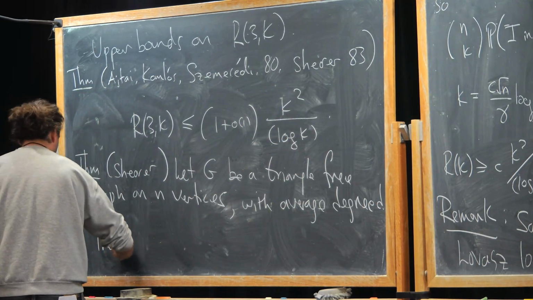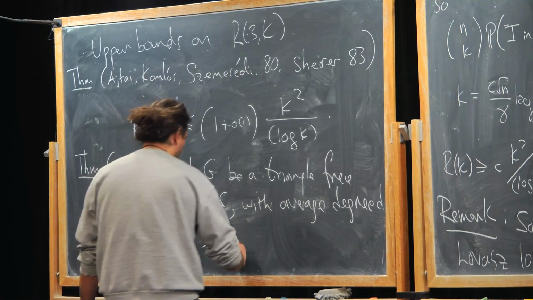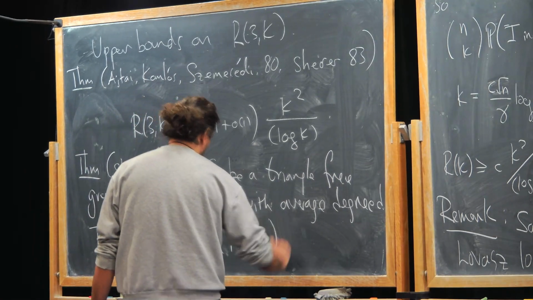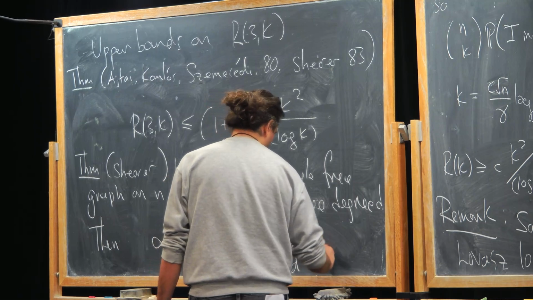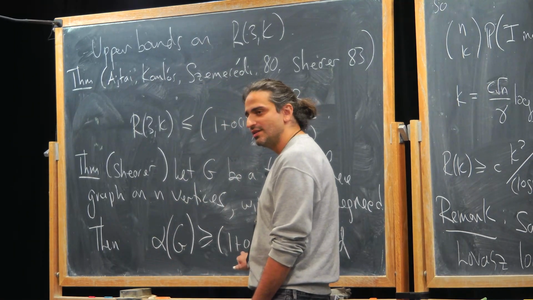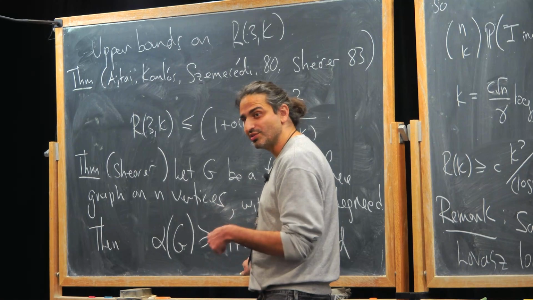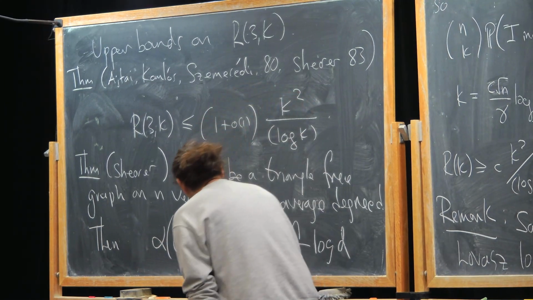Then alpha of G is at least (1 + o(1)) n over d times log d. Here I have to be a little bit careful. This little o(1) is actually going to 0 as d tends to infinity, not as n tends to infinity.